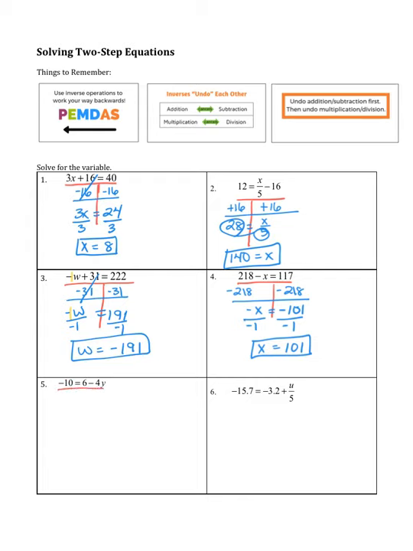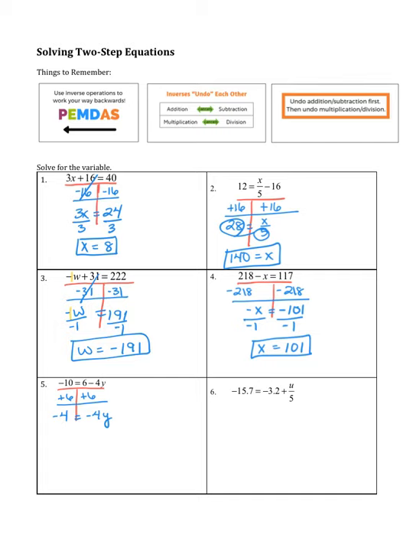Last 2 for the day. Okay, there's my T. Now I'm still going to move things, but just like in the first problem, I've got something attached to the y. -4 is attached to the y. So I'm going to move the 6. I want the 4y to be alone. Move a +6, +6. So I have -4 equals -4y.